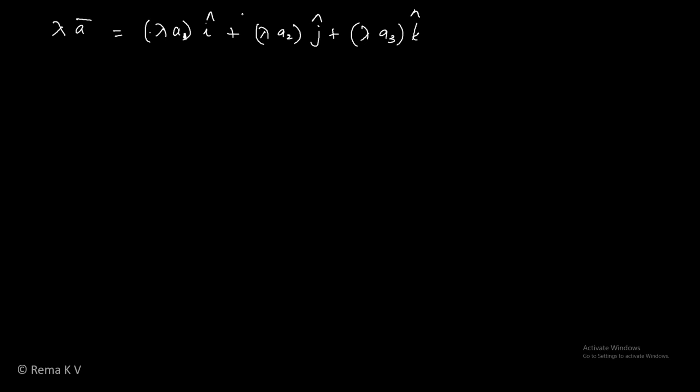This is how we are multiplying a vector A given in component form as a1i plus a2j plus a3k with a scalar lambda. We have to multiply the corresponding scalar components with lambda.